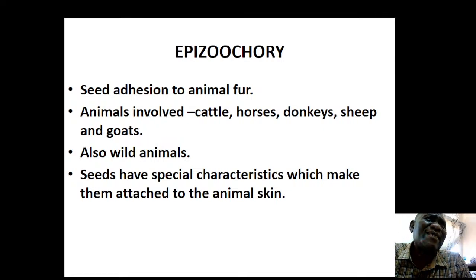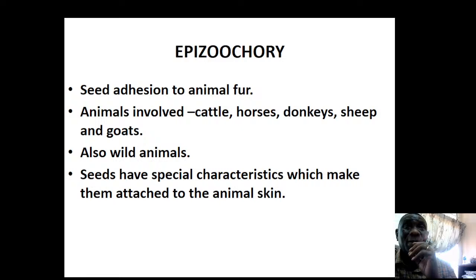Epizoochory, this is very common, where you have seed adhesion to animal fur. Seeds may have certain features which enable them to stick to the animal skin.